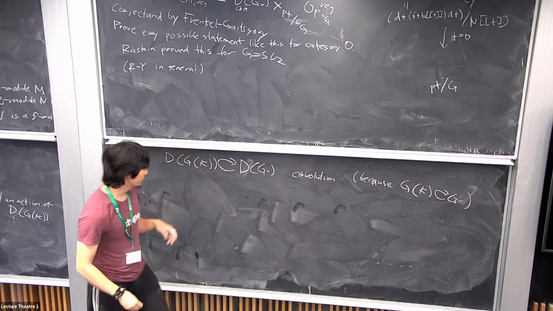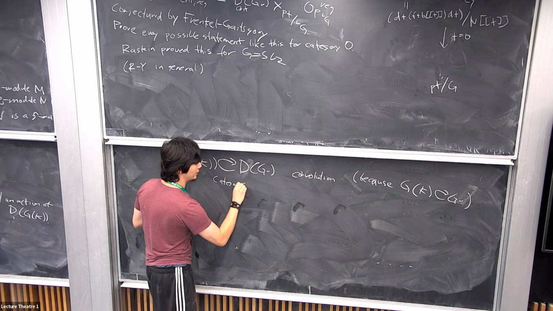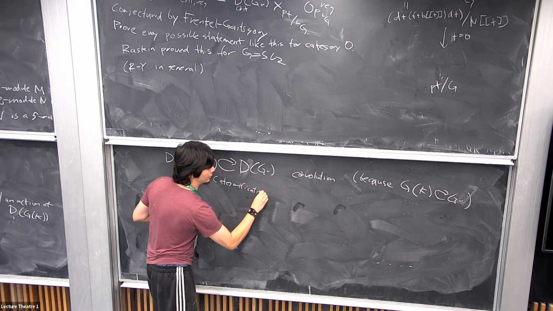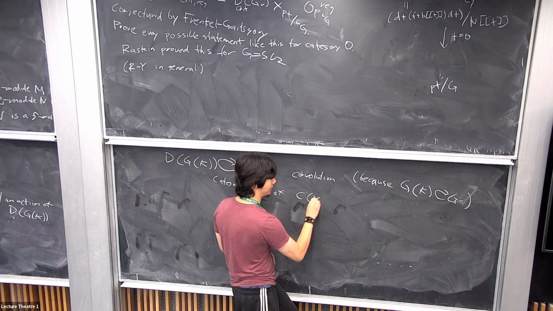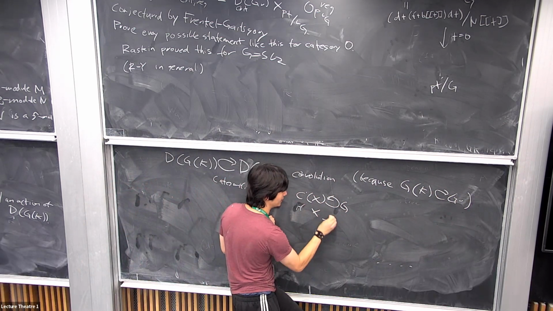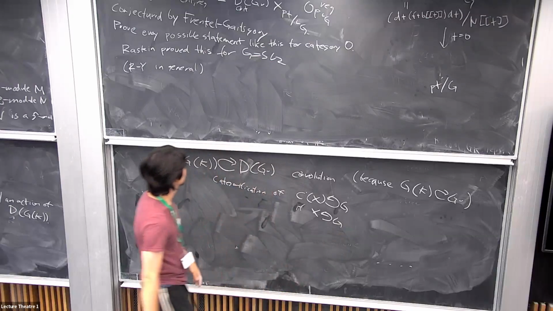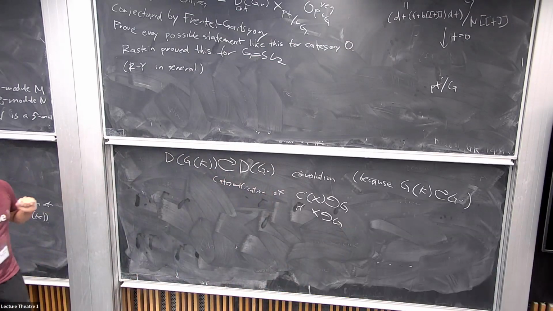So this is a categorification of the fact that the space of functions has a G action if the space itself has a G action. D of Gr has a G action.